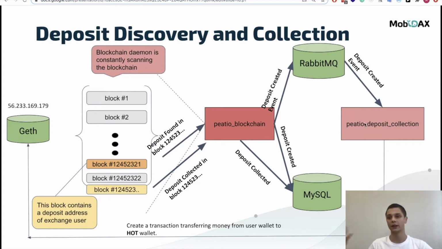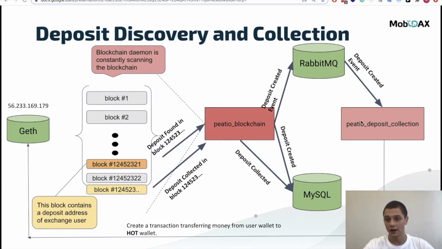It's also a never-ending process. This process is notified that there was a deposit made to an address on our exchange. Then what this daemon has to do is collect the funds from your personal wallet to the exchange hot wallet, the main exchange wallet, Ethereum obviously, because this is the currency we're talking about now.